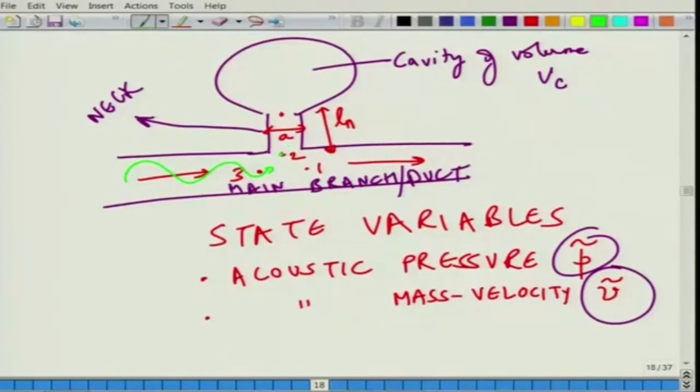You have impedance going to 0 at different frequencies, but for low frequency Helmholtz resonator application, for a particular low frequency, just at the entry of the Helmholtz resonator, impedance is 0, that is at this point. So when such a thing happens, all the acoustic wave energy gets diverted here, and almost no acoustic wave is transmitted downstream. So in that way we can actually control the propagation of sound downstream and direct all the sound towards the cavity.